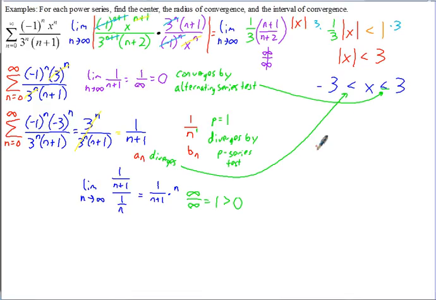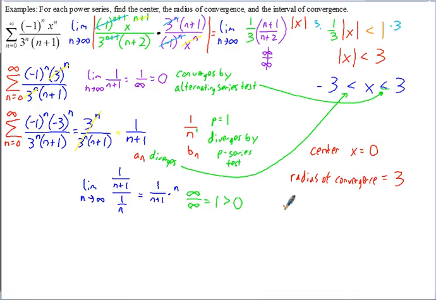So this one, we can say the center would be x equals, again, 0, right in the middle there. The radius of convergence, I can see from 0, it goes 3 each direction, so that'd be 3. Again, it's whatever that number is once you've isolated the absolute value of x there.